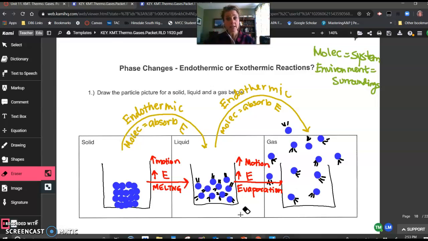And if you leave that glass out long enough, the water is going to continue to absorb energy from the surroundings, and it's all going to evaporate. And that's where our liquid water has turned into water vapor or gas.